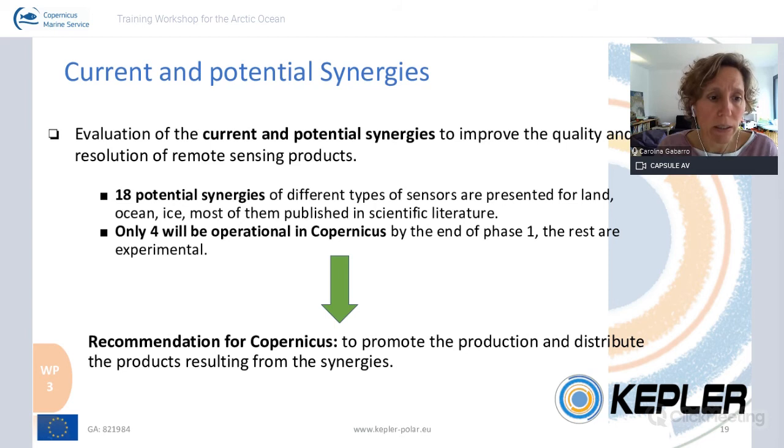And we realized that 18 potential synergies were already published in the scientific literature, and from these 18, only 4 are currently in Copernicus. So that is a clear recommendation to promote the production and distribution of these products resulting from synergies.